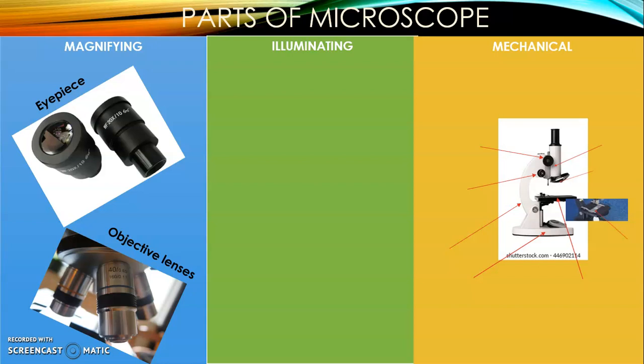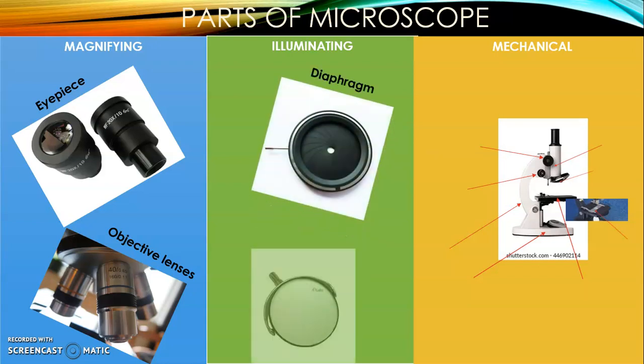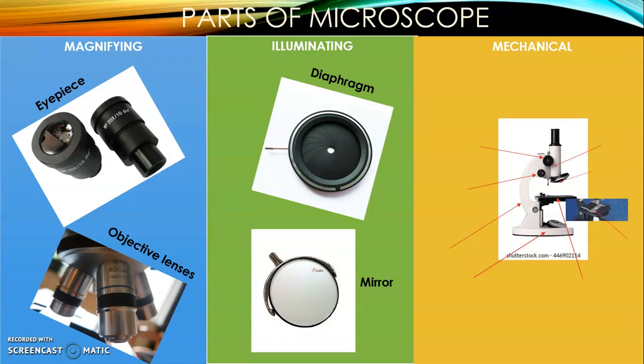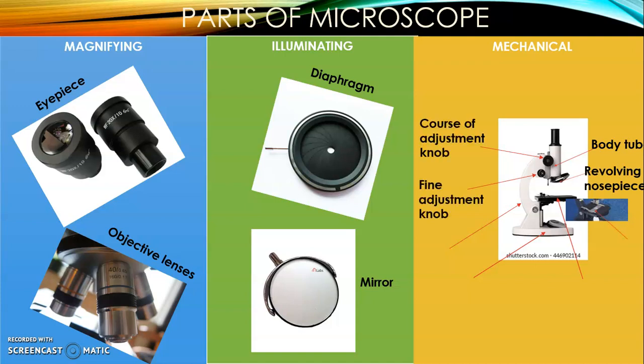The illuminating part, which provides and manages the light source in order to see and clear the image of the object, includes the diaphragm and the mirror. While the mechanical part provides support and protection to the other parts of the microscope. It includes the body tube, revolving nosepiece, coarse adjustment knob, fine adjustment knob, stage clip, arm, and the base.